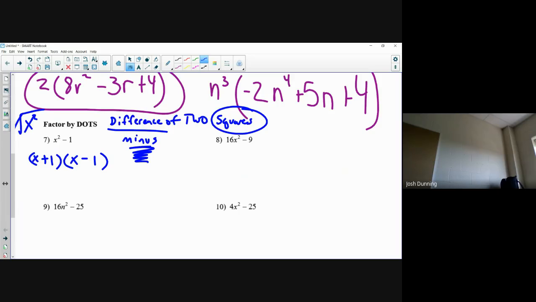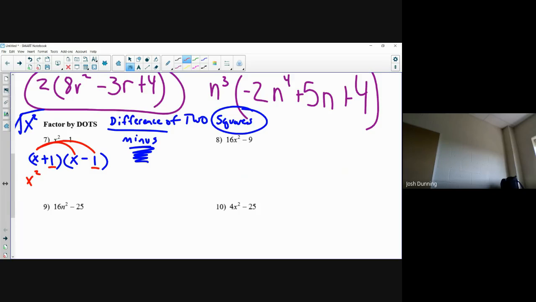The reason that this works, and what I'm about to do is not the answer. This would be like a check. I'm just explaining why it works. If we were to do that double distribution, x times x is x squared. The reason that you get a plus and a minus is, watch what happens. These are the same numbers, and you have the same variable first in each parenthesis.